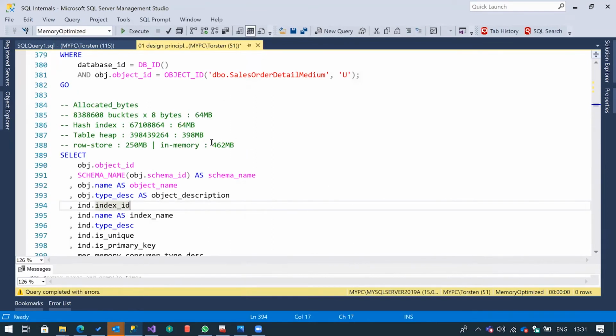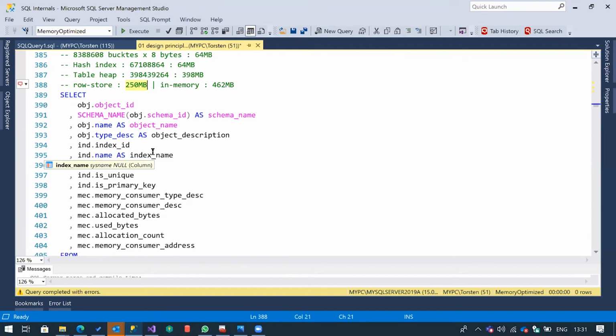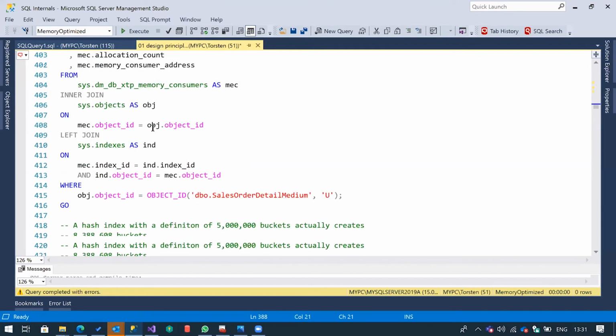But we are allocating 462 megabytes for an in-memory OLTP table, and for the row store, we just allocate 250 megabytes. That means the size is almost doubled for the same amount of information. This is something you need to think about. Memory is much cheaper, but it is still limited. So you really have to carefully look at the memory consumption of your in-memory OLTP table.